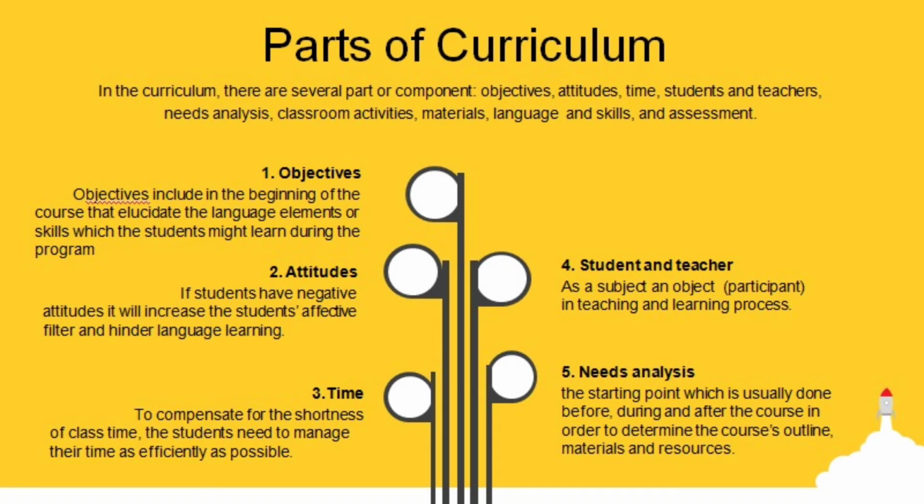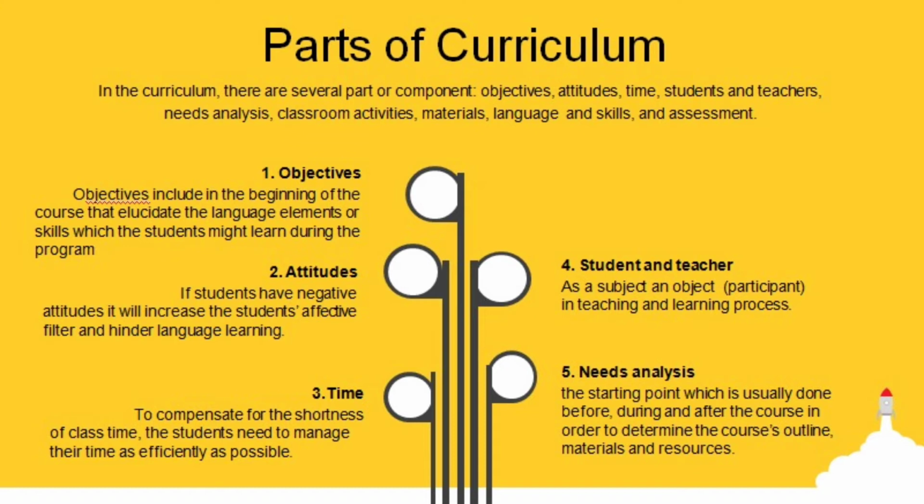Alright, parts of curriculum. In the curriculum, there are several parts or components. First is objective. Objective includes the beginning of the course that elucidates the language elements or skills which the students might learn during the program. Second, the attitudes.